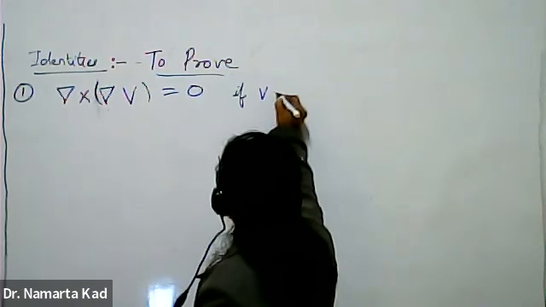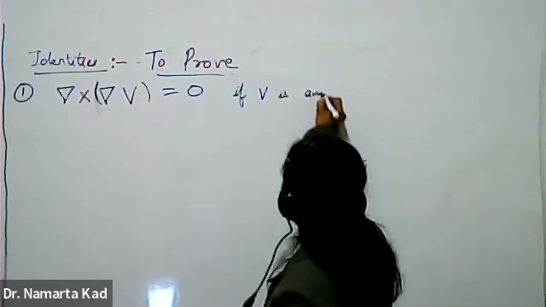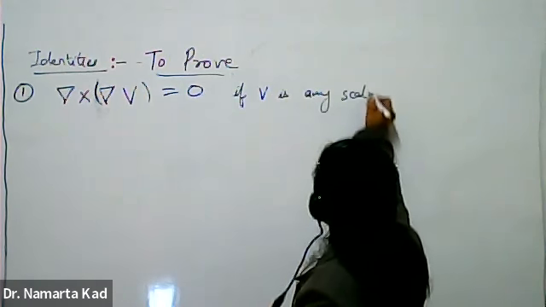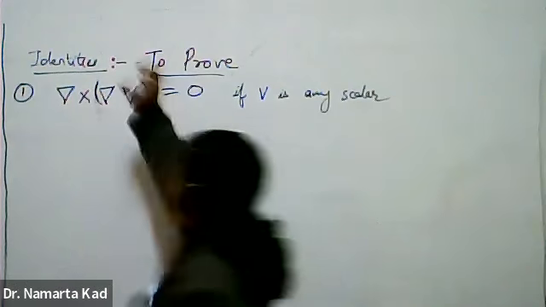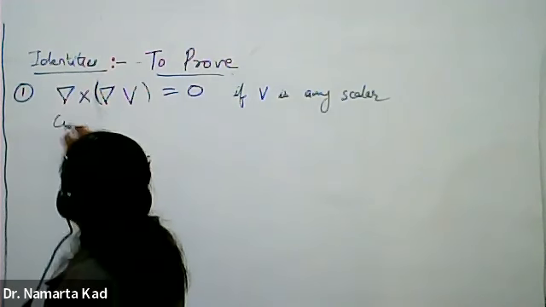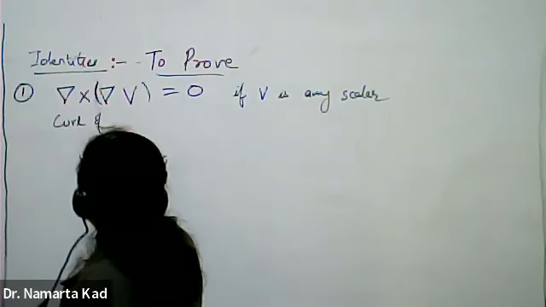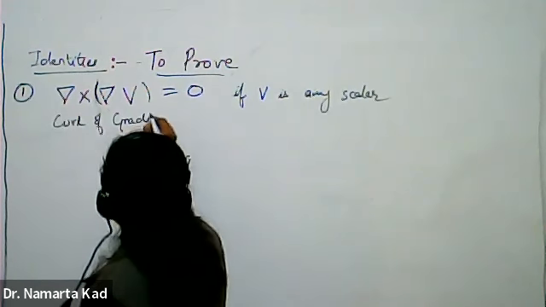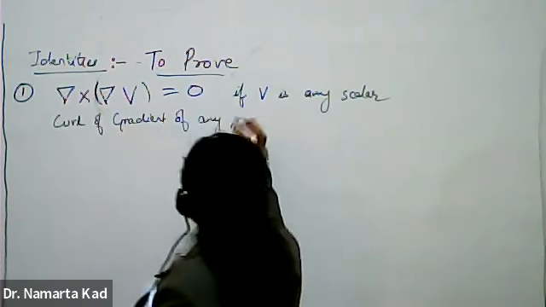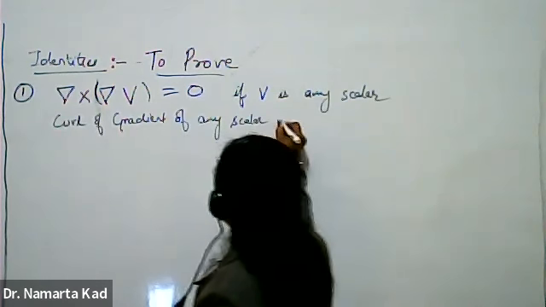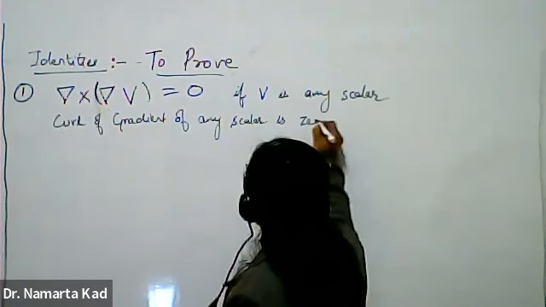If v is any scalar, what does this mean? How can we write it in words? The curl of the gradient of any scalar is 0.